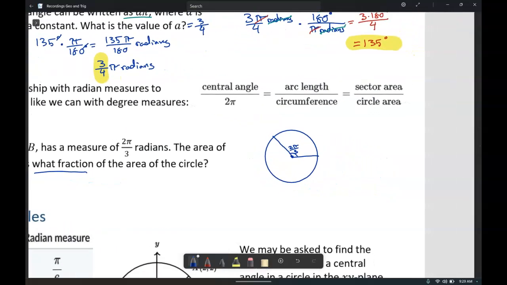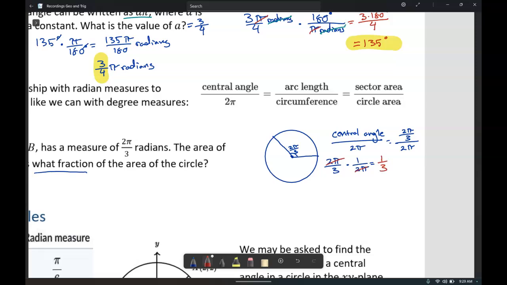And so we can look and see with our central angle, if our central angle is 2 pi over 3, and our full rotation is 2 pi, well, then we can just simplify this fraction. Well, to divide 2 pi over 3 by 2 pi, we want to multiply by the reciprocal. And so our 2 pi's will cancel, leaving us with 1/3.